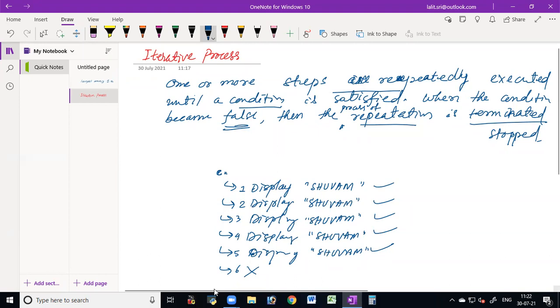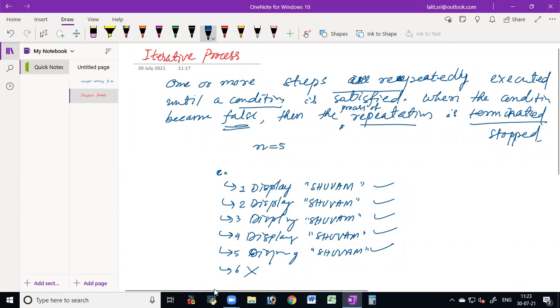Suppose in the question it is given that you have to display it n number of times, and the n value is 5. All of you getting my point or not? Any doubt? I am putting a counter here, and each time it counts, I display Shubham. I am doing something repeatedly. Count 6, it becomes false.